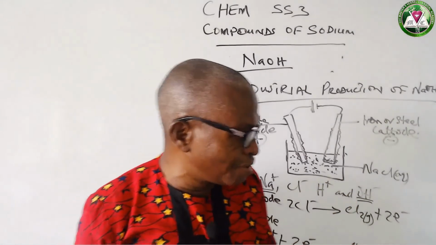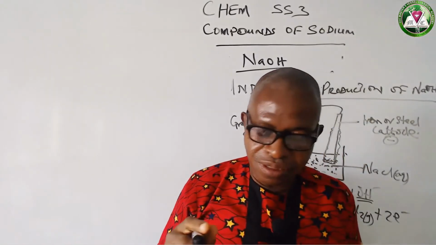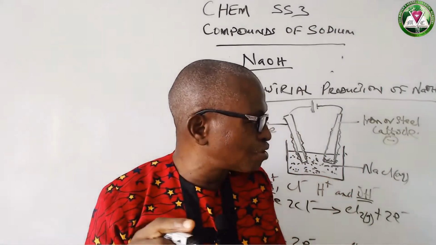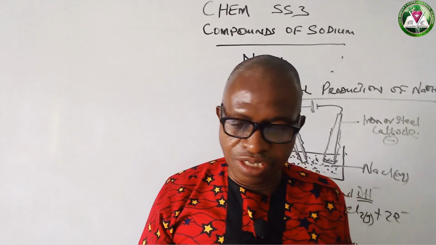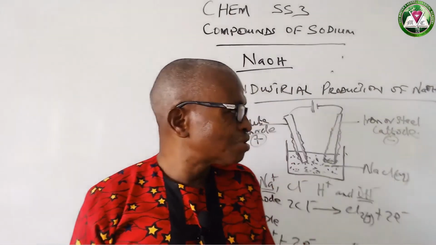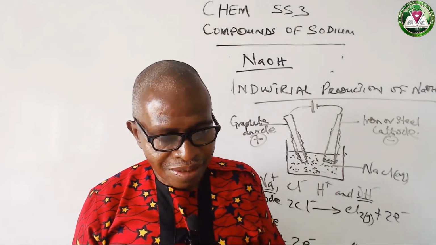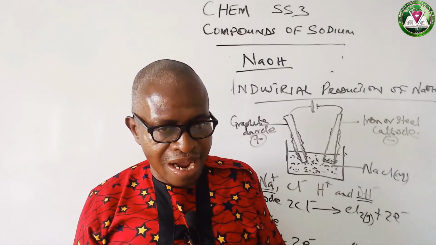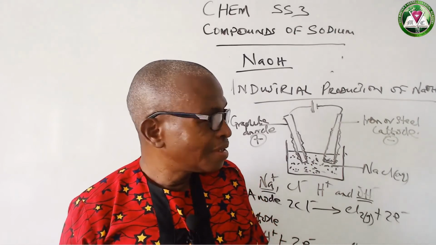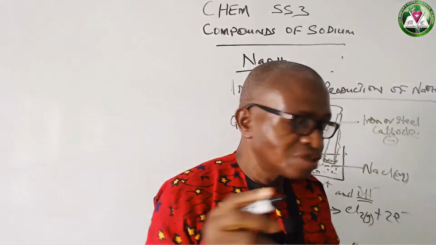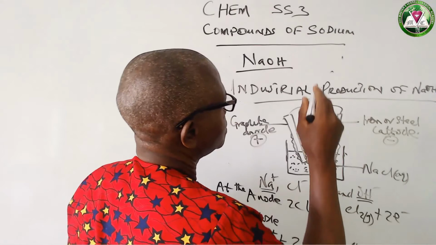Okay, can you list the products that we are able to realize from electrolysis of sodium chloride? Yes, you said what? You said calcium. No, calcium is not there. What you produce in the electrolysis of sodium chloride are 3 products.